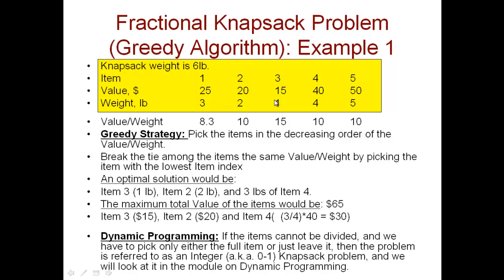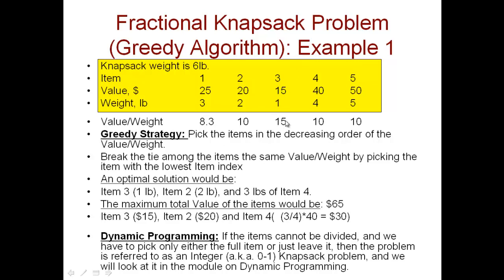Looking at the details of item 3, it is only 1 pound in total and its value is $15. So you can pick item 3, and the remaining capacity is 6 minus 1 pound, so you still have space for 5 pounds. You have picked $15 so far.